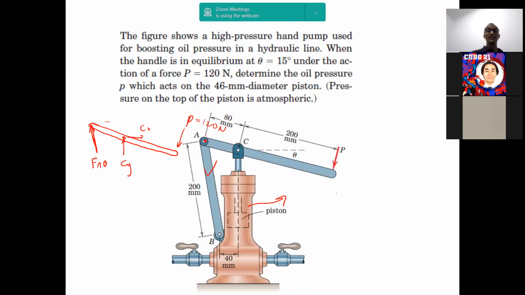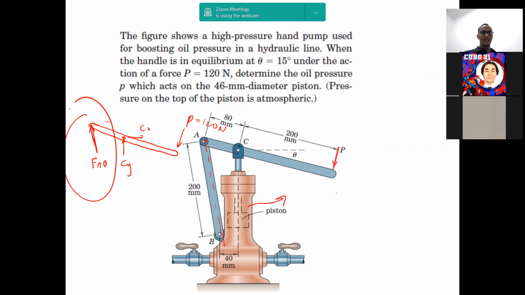Why is it like that? Because we know already that this member is a two-force member. When it's a two-force member, the direction of the reaction force must be in the same line of action as the member. That's why we give it like this.